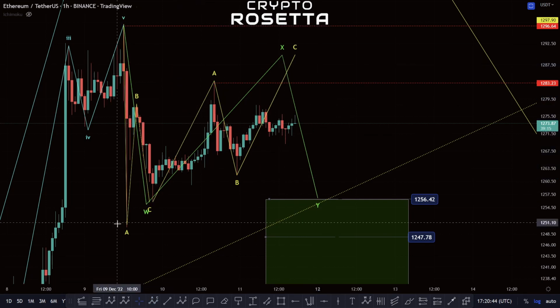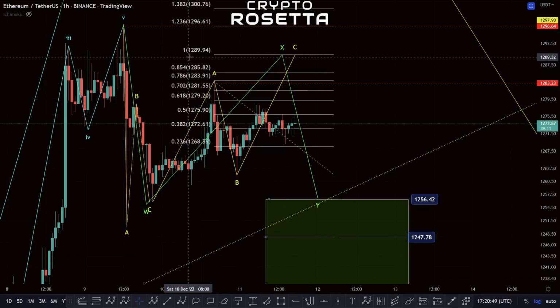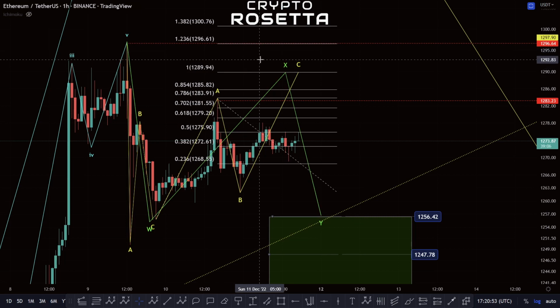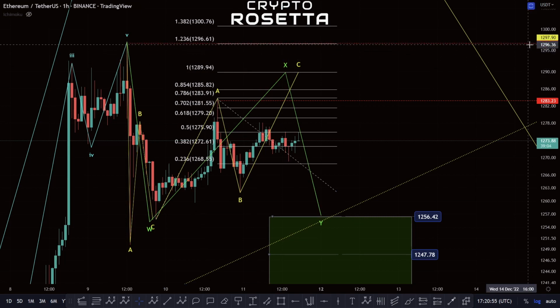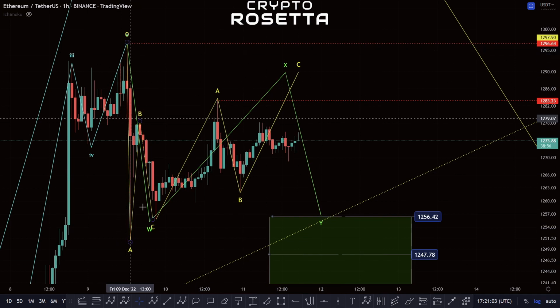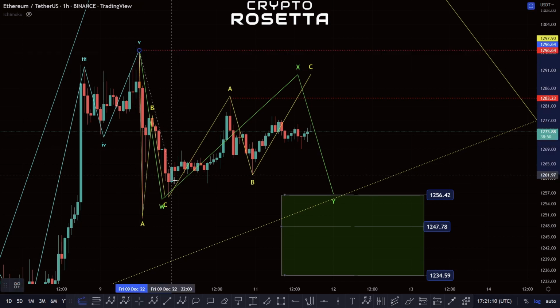So we could see this develop as an ABC to the upside, which would look to target this 1289 area, though it is also possible we could move up slightly higher or even possibly set a double top at this 1296 range. If that were to play out, then it would adjust the 1-to-1 of this first ABC move, and we could look to potentially not drop as low as we had initially thought.